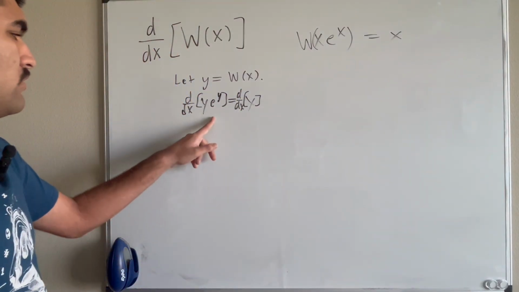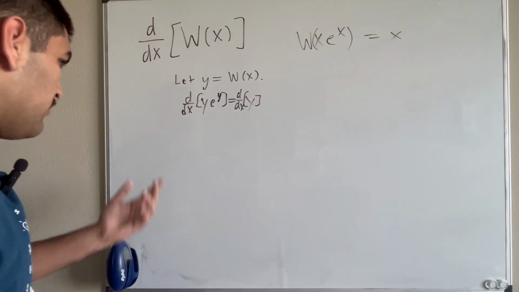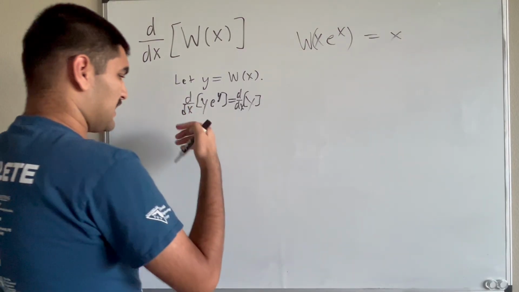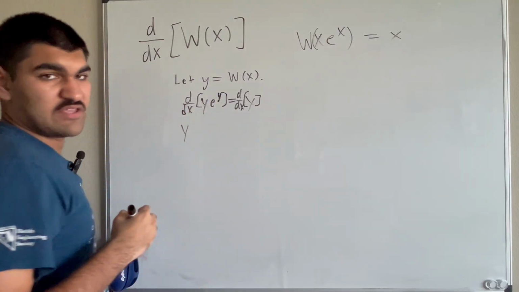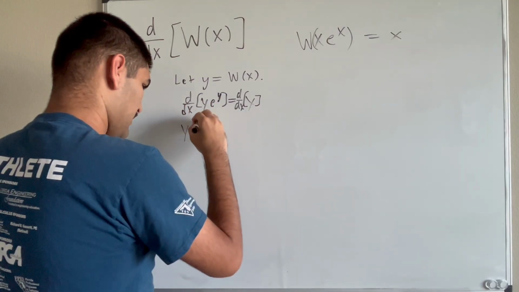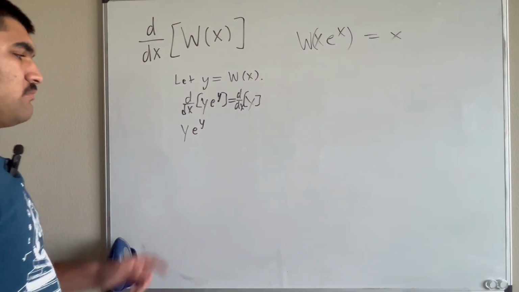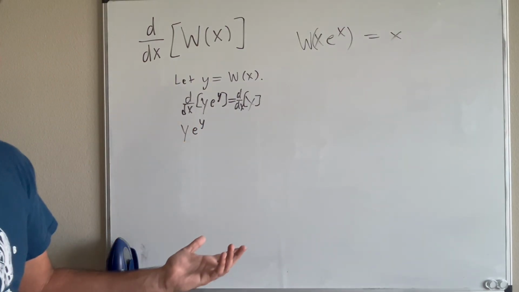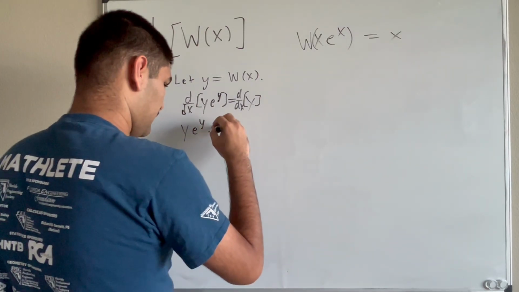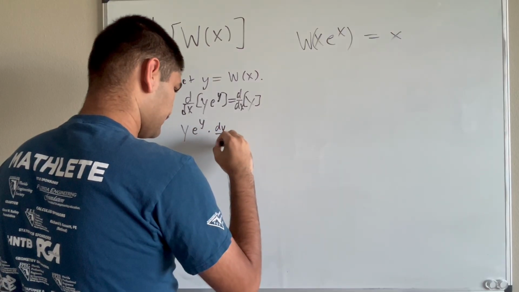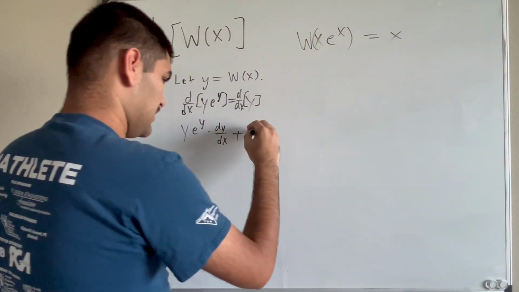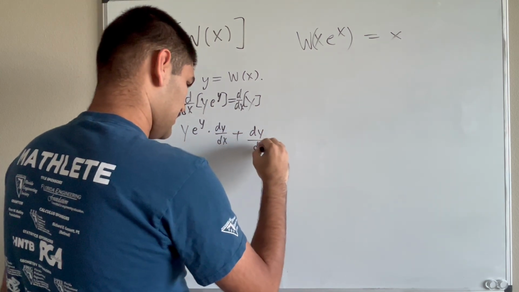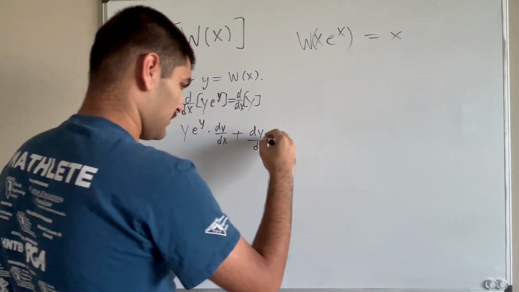On the left hand side, we're going to use the product rule. We keep the first function, so we have y, and then the derivative of e to the y is just e to the y. But remember we have to multiply by the derivative of y because of the chain rule, so times dy dx, plus the derivative of y, which is just dy dx, times e to the y.